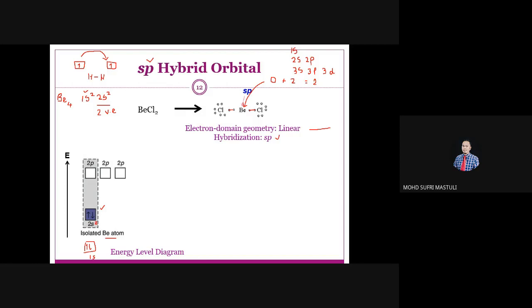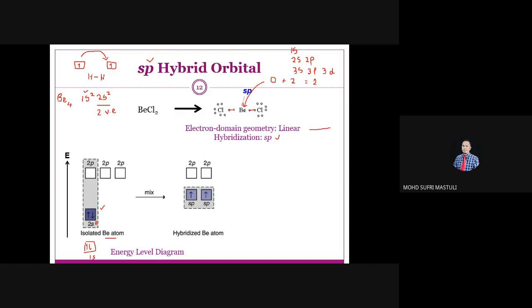So if beryllium does not undergo hybridization, the valence electrons are fully occupied, 2s2, and there is no bond formation because there is no single electron. This is why we need to hybridize.